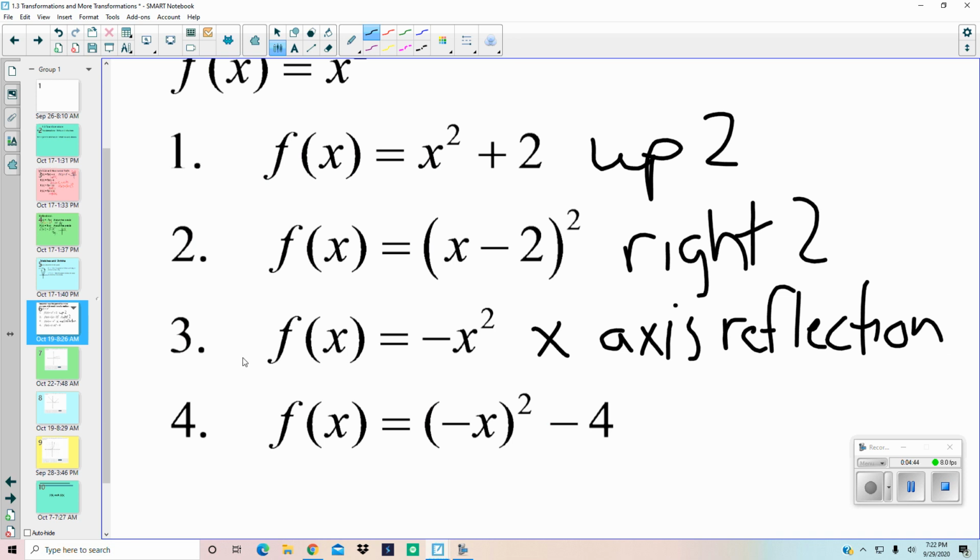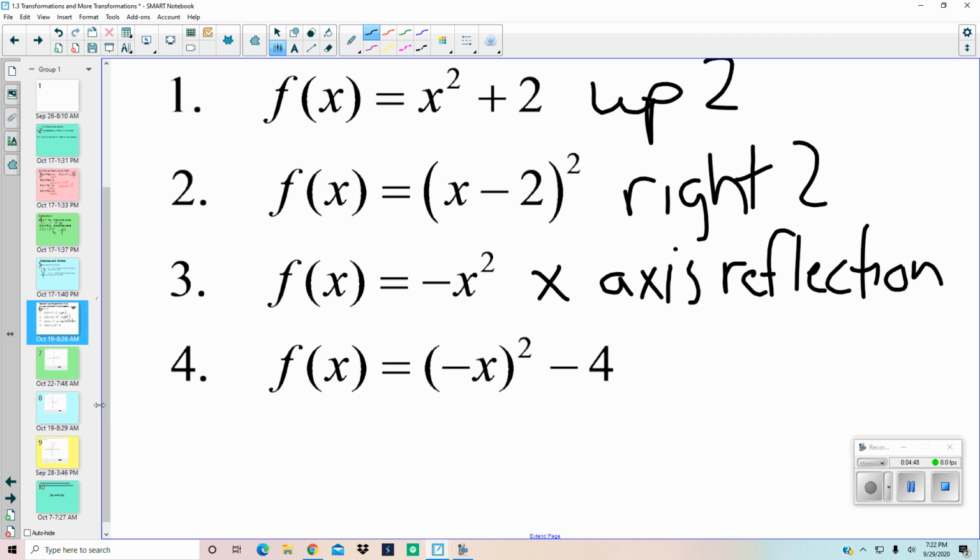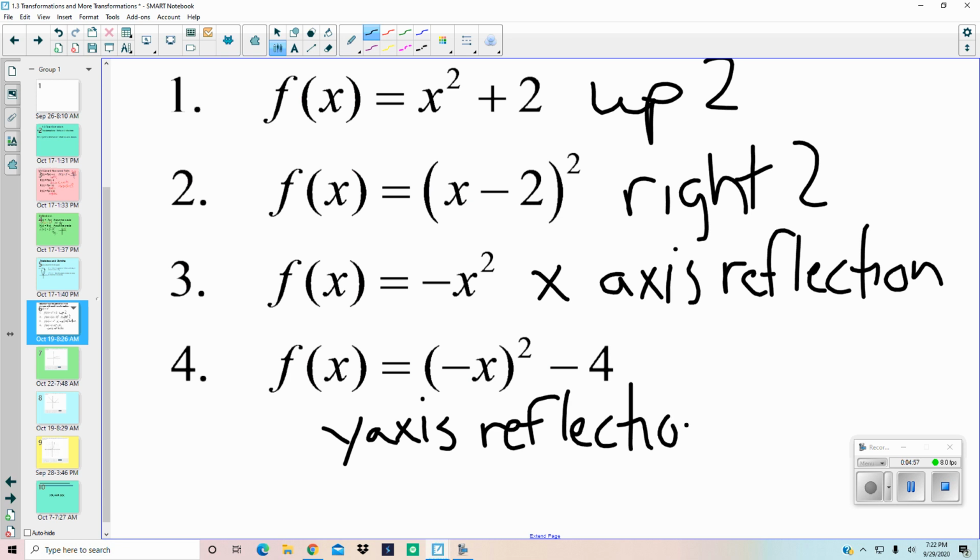And then for number 4, there's 2 transformations. The negative within would be a y-axis reflection. And then the negative 4 afterwards would be down 4 units.